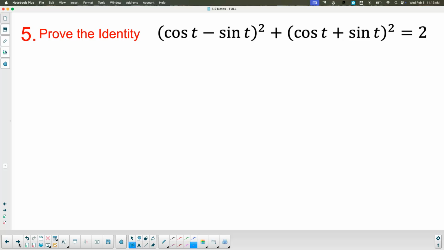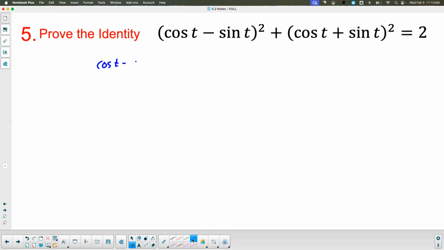Which side would that be in this case? Left side, okay? Because you can do more with that stuff. Okay? All right? So what can I do here on the left side? Break up the squares, right?